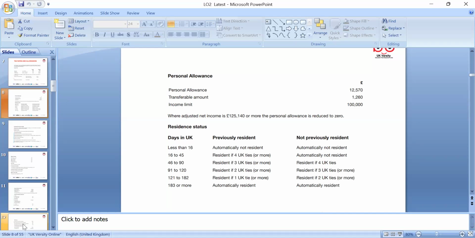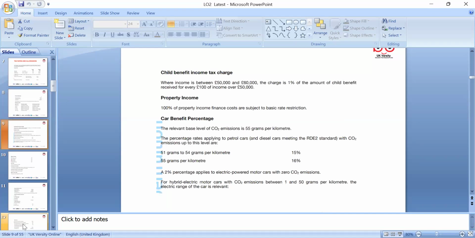We can look at the residence rules, residence status, the ties, and domicile. Child benefit: if you're earning between 50 and 60,000, the charge is 1% of the child benefit received for every £100.